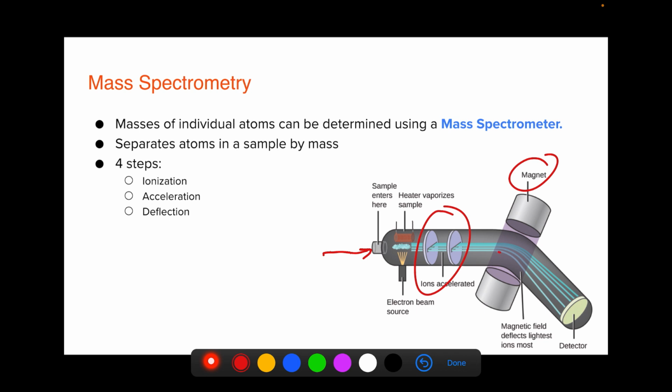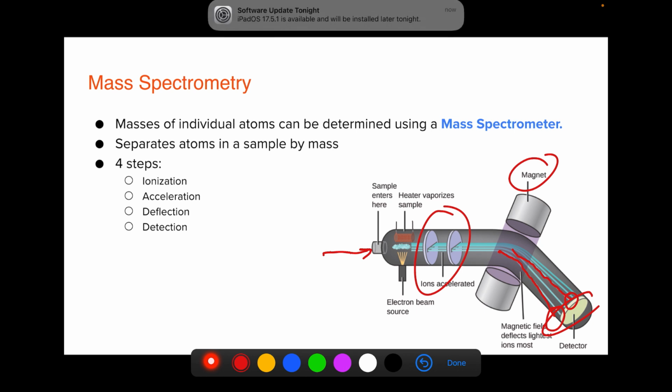So you can see the degree of deflection is different for different masses here. The lighter ones will deflect a little bit more, and the heavier ones will deflect a little bit less. And then finally, there's a detector which measures what percentage of the sample was made up of each isotope.